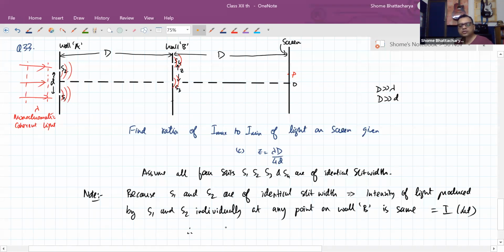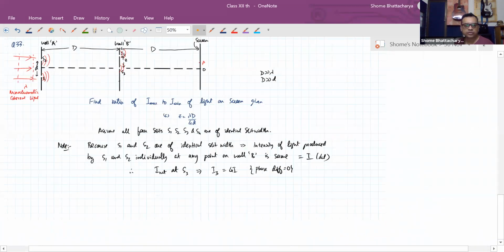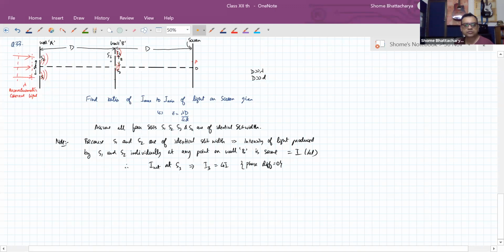So therefore the net intensity at the position of S3, let's say that is I3, will be equal to 4I, correct? Because it is phase difference of 0. But now what about the net intensity at the position of the fourth slit S4? Now, this one is S4, this one is S3. Why is the phase difference 0? Because S1S3 was equal to S2S3. So path difference is 0. So phase difference is 0.